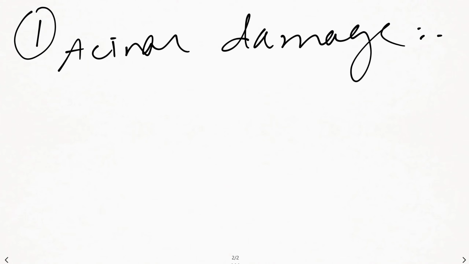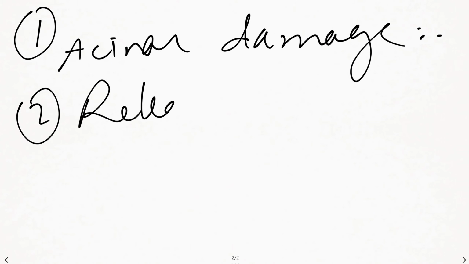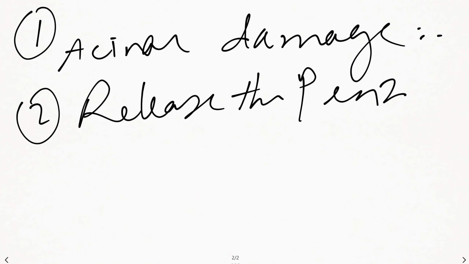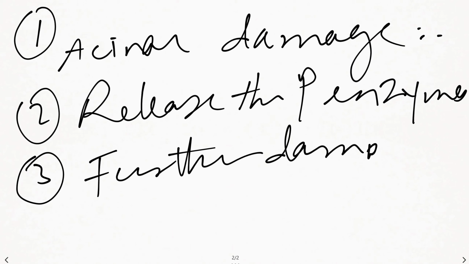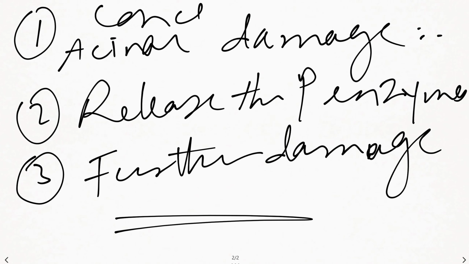The acinar damage will release the pancreatic enzymes, and this will lead to further damage. This is the conclusion for the pathogenesis of acute pancreatitis. I will see you in the next session in this part of the critical care station of acute pancreatitis.